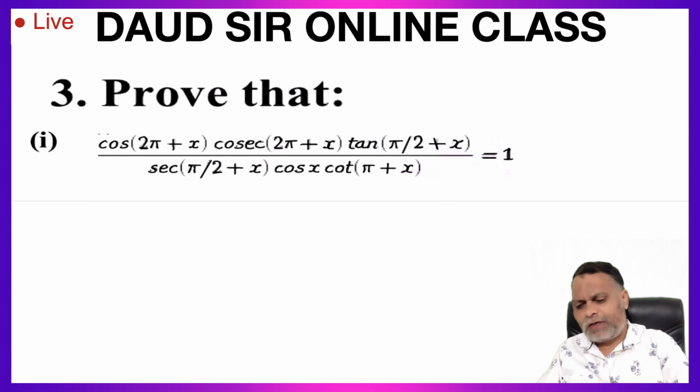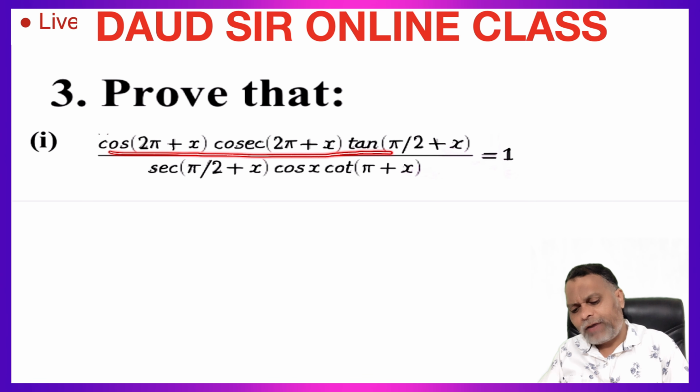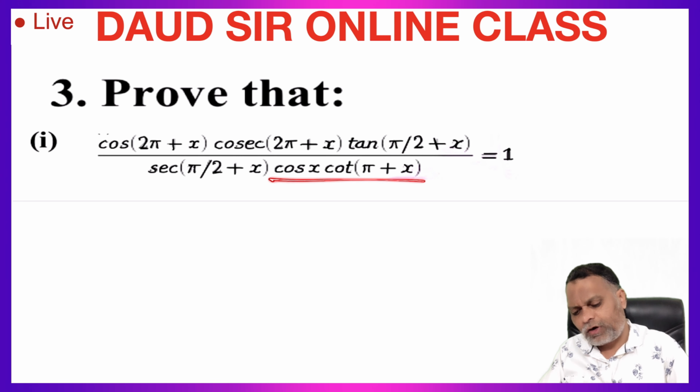Question number 3rd. Prove that part first: cos 2 pi plus x into cosec 2 pi plus x into tan pi by 2 plus x upon sec pi by 2 plus x into cot x into cos x into cos x into cot pi plus x is equal to 1.